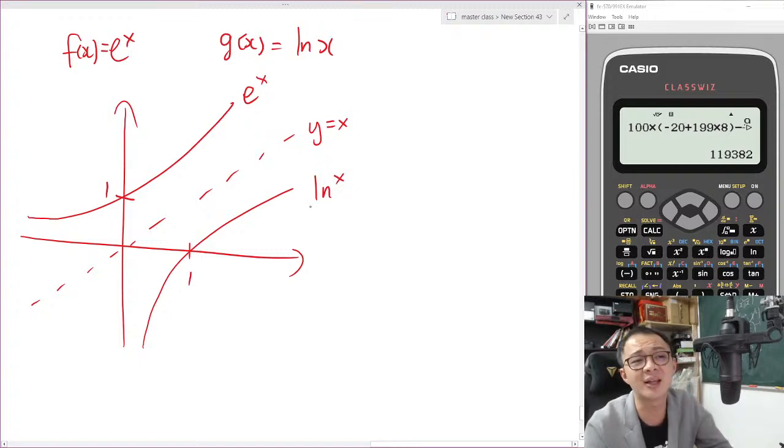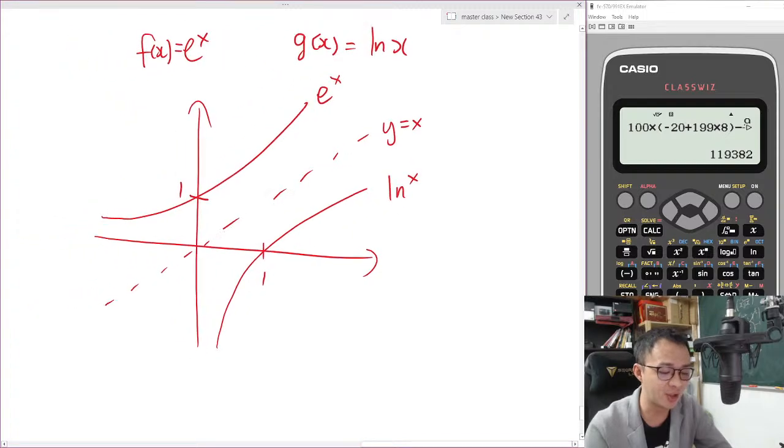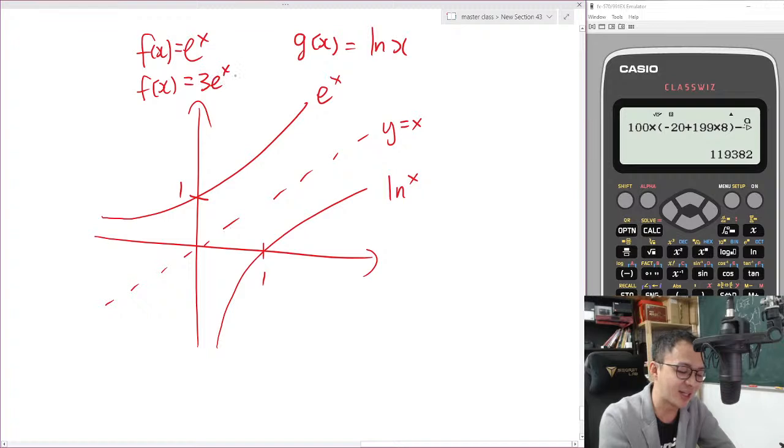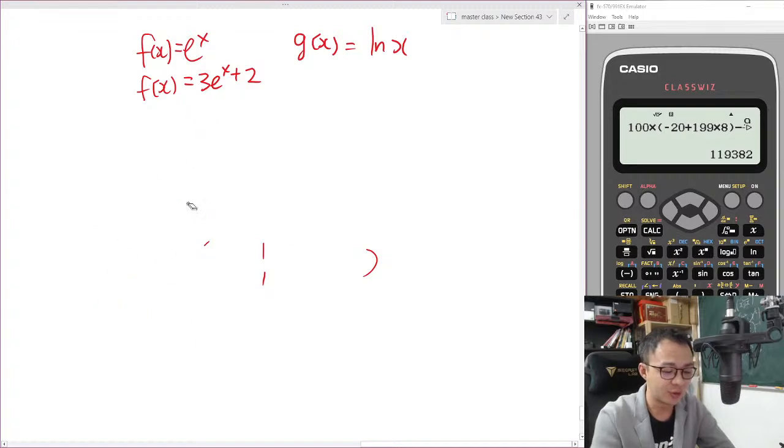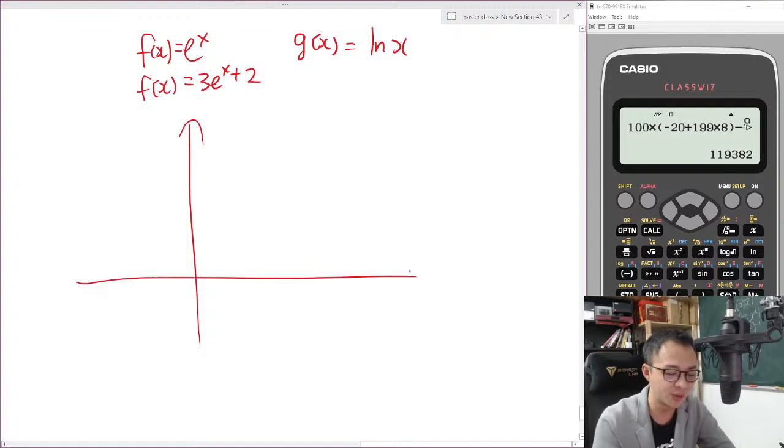Of course in the exam they will not give you something so straightforward. They will change the equation a little bit, so they might do something like 3e^x plus 2. This is what happens if they change the exponent graph. Plus 2 means your new horizontal asymptote will be at 2, because your graph can no longer touch 2.